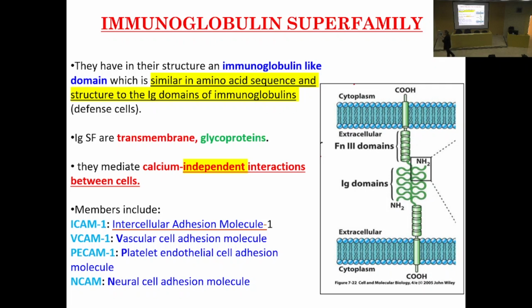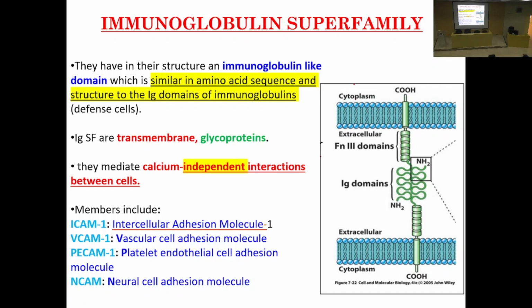It's clear? The members, we also have four members. Same story. They have been named based on where we first found them, in which tissue. So ICAM is intercellular, VCAM we found in the vascular, PCAM we found in the platelets, and NCAM we found in the neurons.